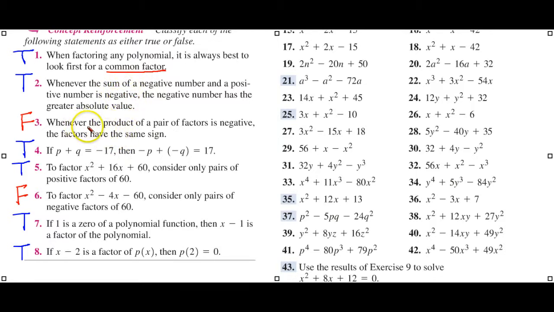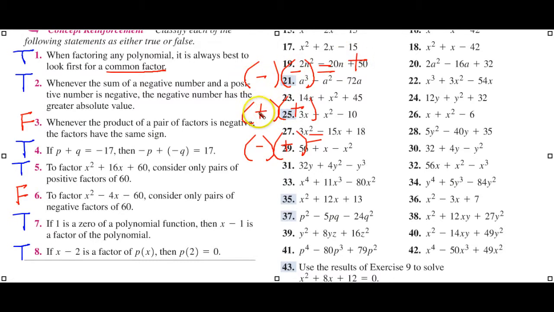Number 3, whenever the product of a pair of factors is negative, the factors have the same sign. Well, we said in order for that to happen, as a little review, if we have 2 negatives, this will be a positive, the same sign.